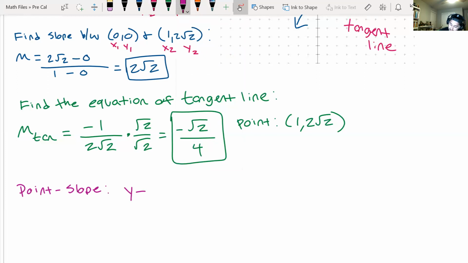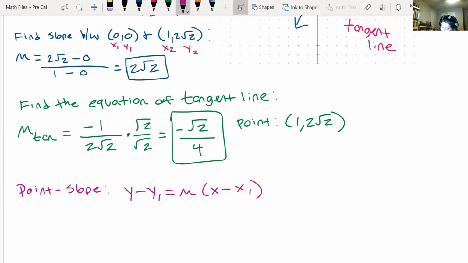And it's given as y minus y1 equal to m times x minus x1. And all we have to do is plug in the slope of m, which we have above, and plug in the y1 x value, which we have as well, and just solve for y.